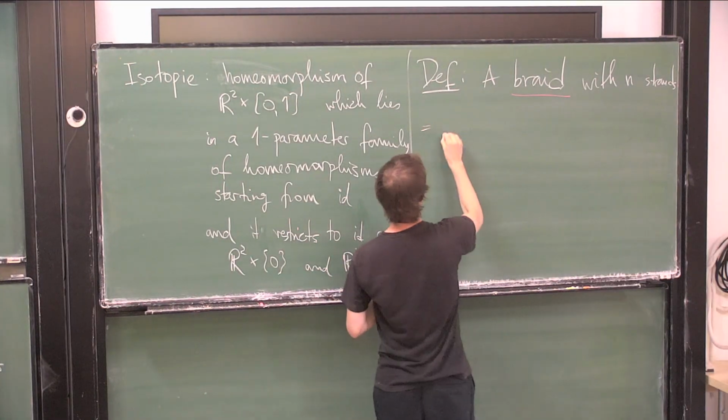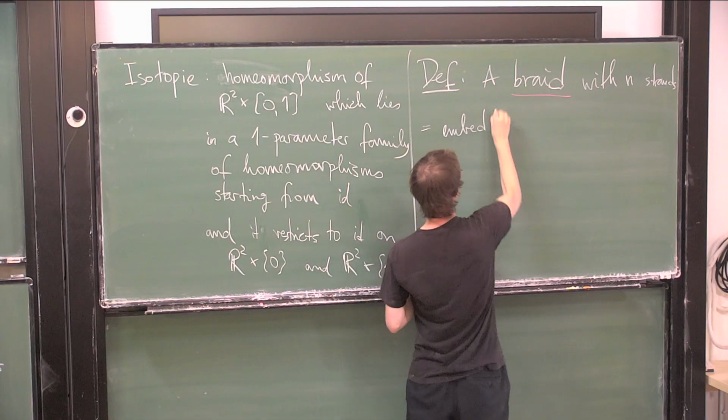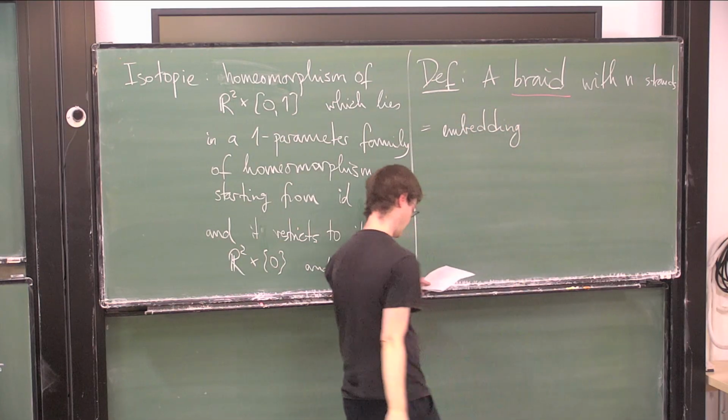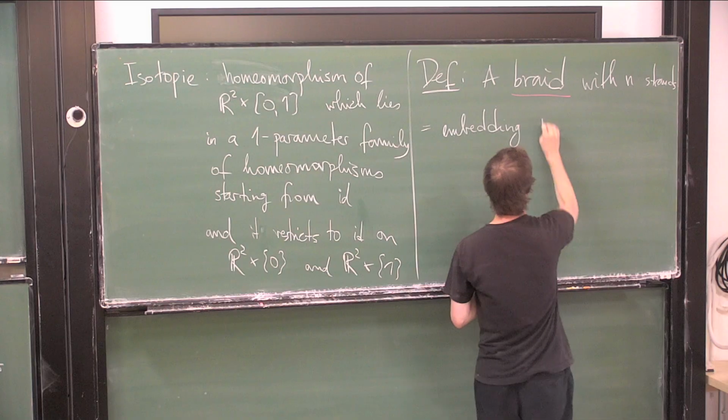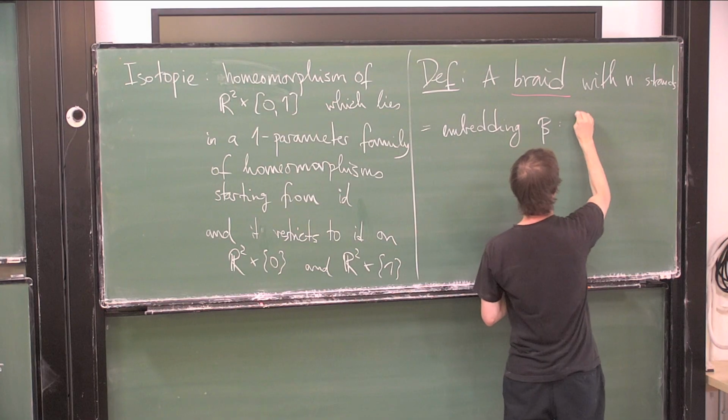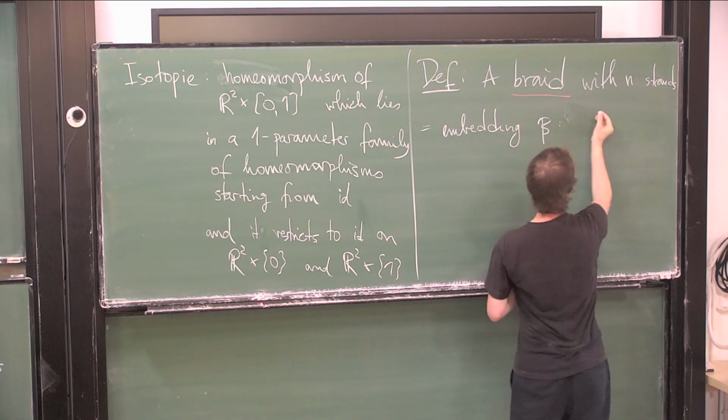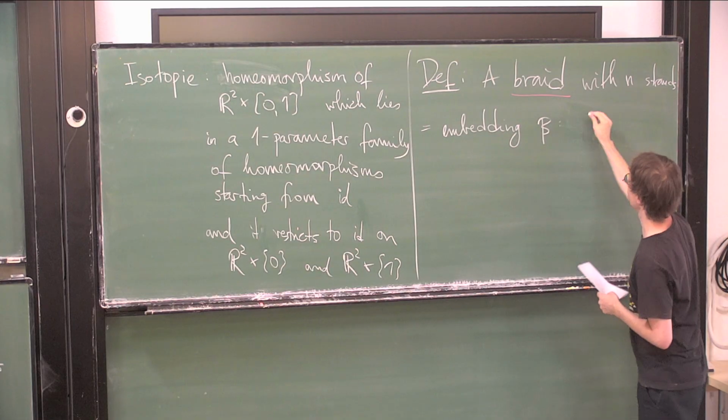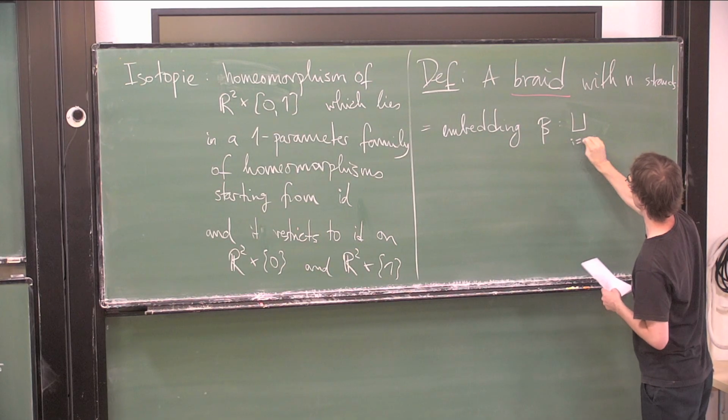Well, it is an embedding. An embedding, I call beta, from n intervals which are disjoint. I'll write this like this.